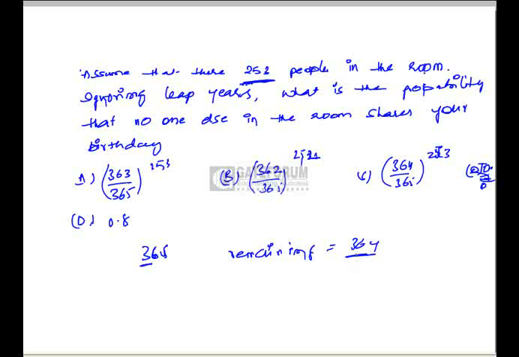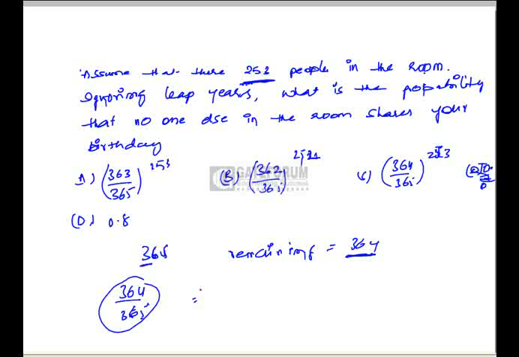So, for any person, the probability of the birthday occurring in these 364 days would be 364 by 365. For each and every person in the room, the probability would be the same, 364 by 365. Why? Because they can share their birthdays, but they cannot share your birthday.